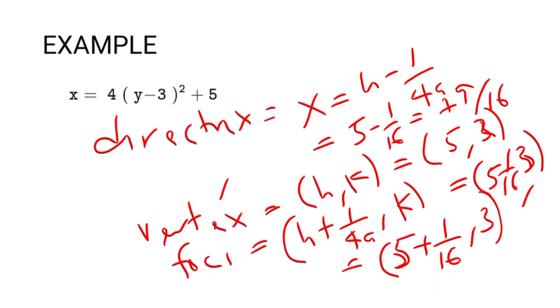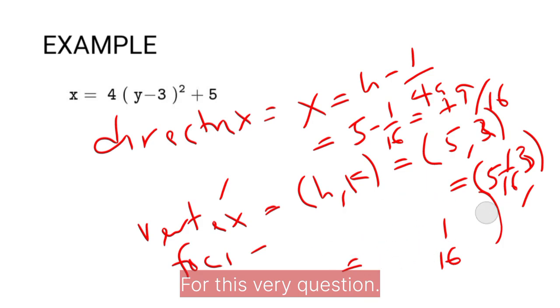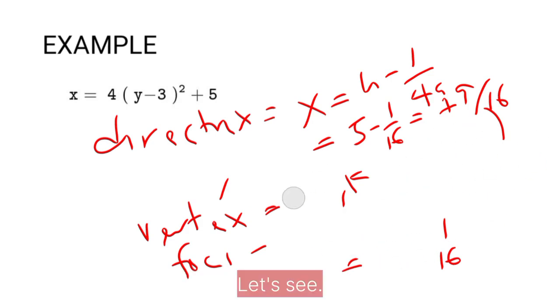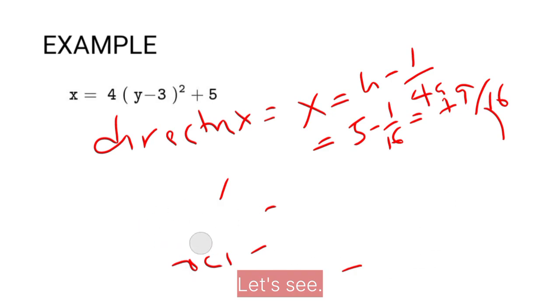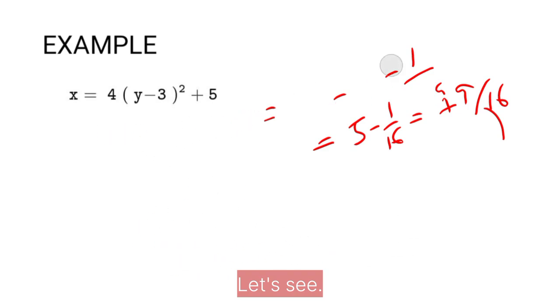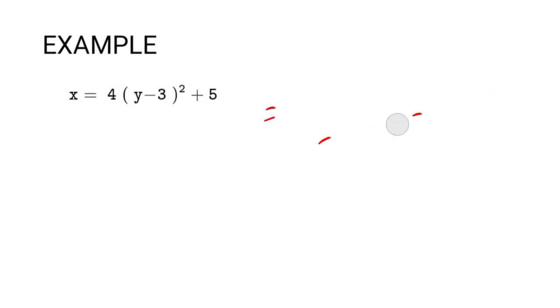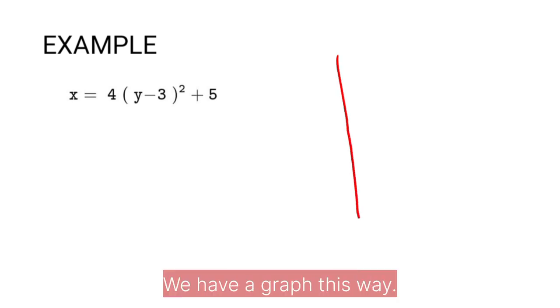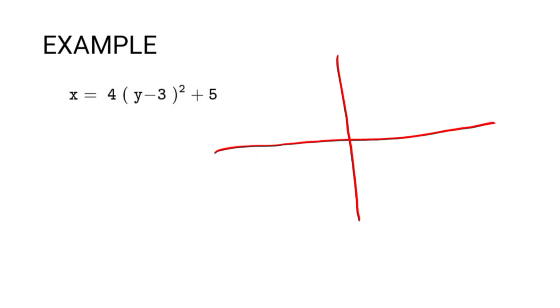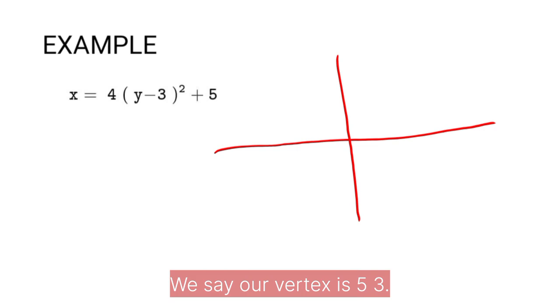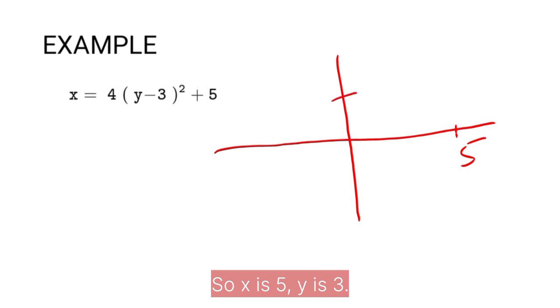Now let's draw the graph for this very question. We have a graph this way, the y-axis and the x-axis, and we said our vertex is (5, 3), so x is 5, y is 3.